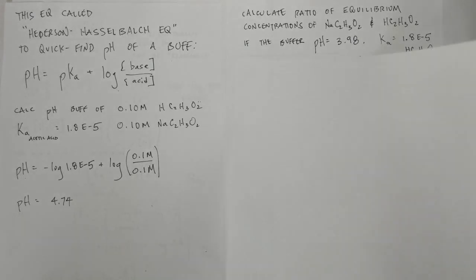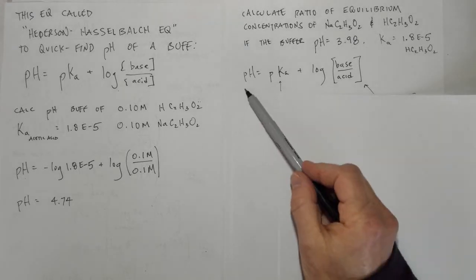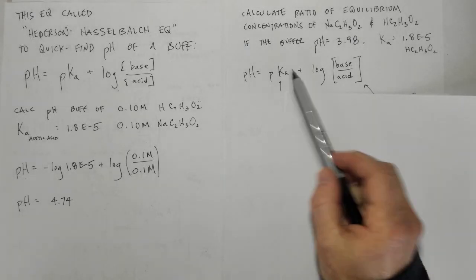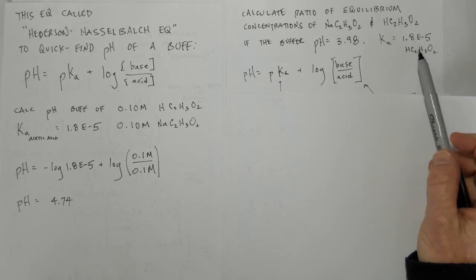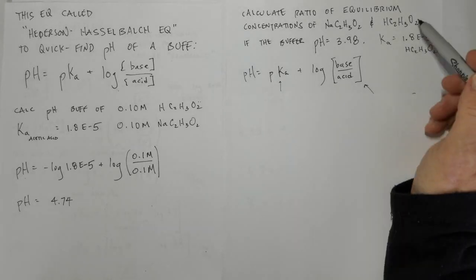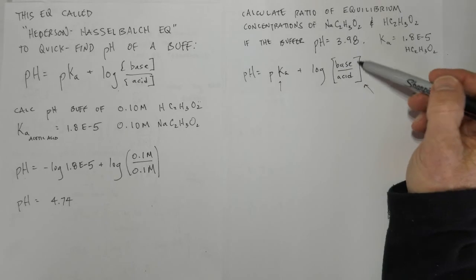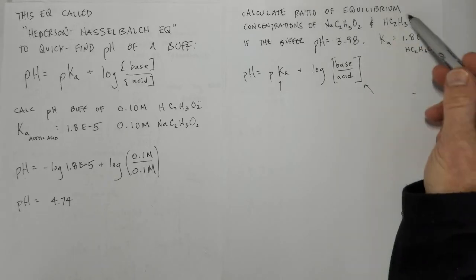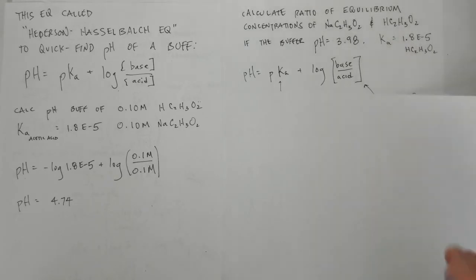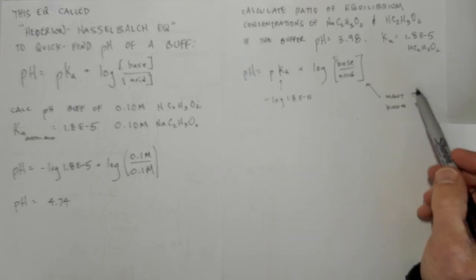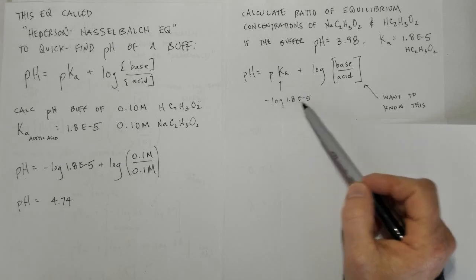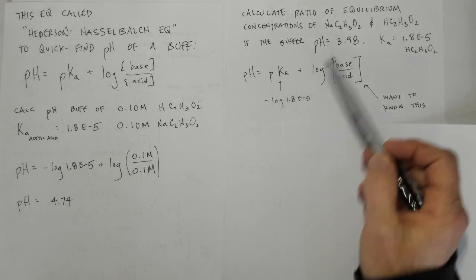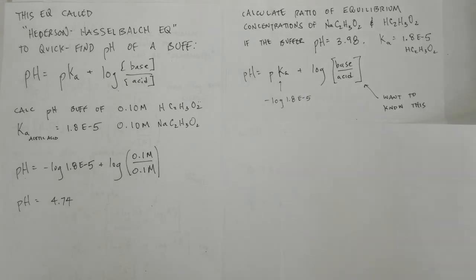So now the thing that I know is the pH right here. The pKa I can find by taking the negative log of this. And what I want to know is the ratio of this base right here to this acid's concentration. And so this is the piece that I want to know right here. The pH, of course, is 3.98.